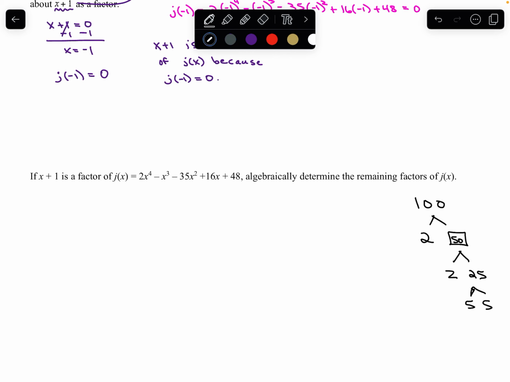Now, it's a similar idea here with polynomials. If we know that x plus 1 is a factor of j of x, we can divide by x plus 1 to find the remaining factors. Just like when we were looking over here, if we knew that 2 was a factor of 100, we could take 100 and divide it by 2 to get 50.